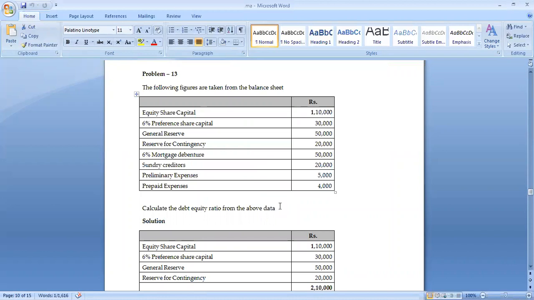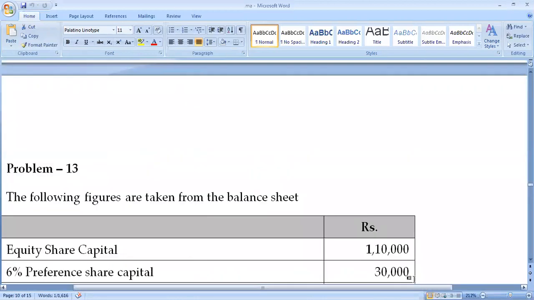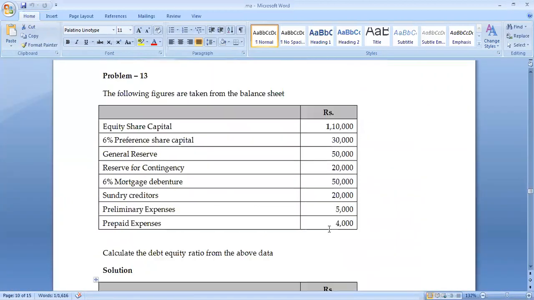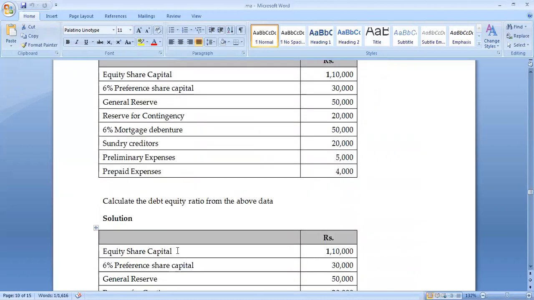The following figures are taken from the balance sheet. There is information on equity share capital. Before looking at this information, first know what you are required to find out. They have asked you to calculate the debt equity ratio.